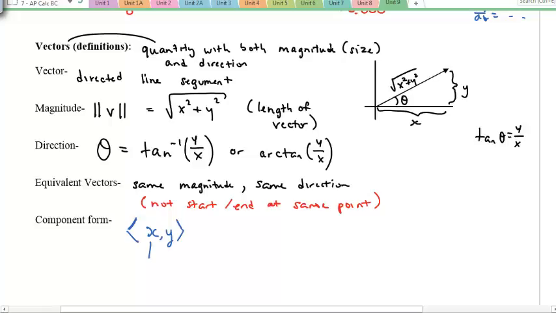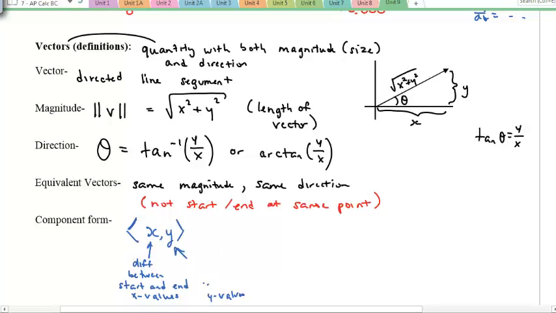But notice the x value here is really the difference between the starting and ending x values of the 2 points if it's 2 dimensions, and similarly this would be the difference between the y values. Okay, but just the starting and ending part.